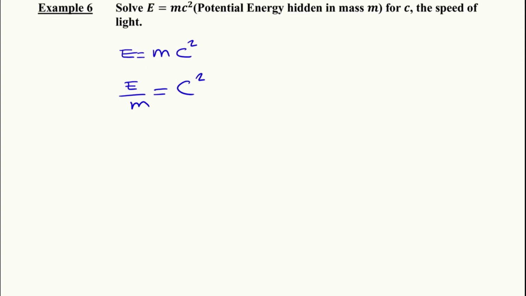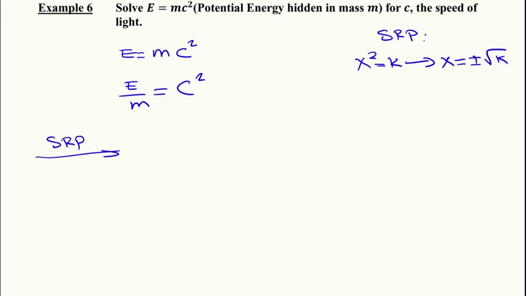Now, since we're solving for c, we're ready to go ahead and apply the square root property. Let's remember what the square root property said. It said if you have x squared equals k, that implies that x must be plus or minus the square root of k.